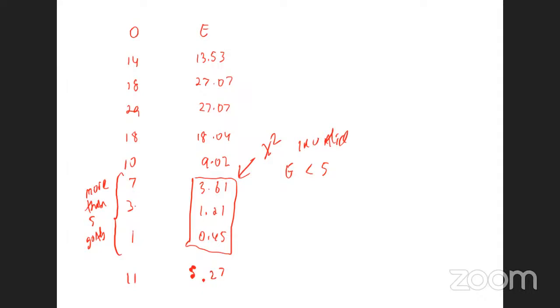So we're not using the values less than 5. We have to combine them with the ones underneath. If we combine the 3 with the 9, it doesn't make sense because the 1 and the 0.45 are still by themselves. So the best thing to do is just combine the bottom 3 and the value is more than 5. Any follow-up on that?